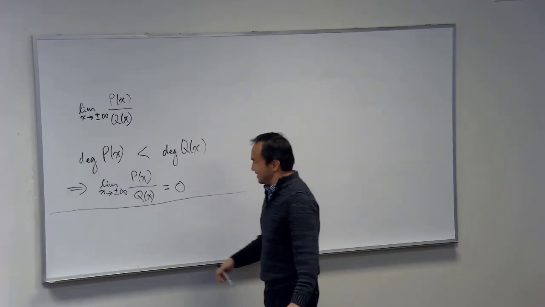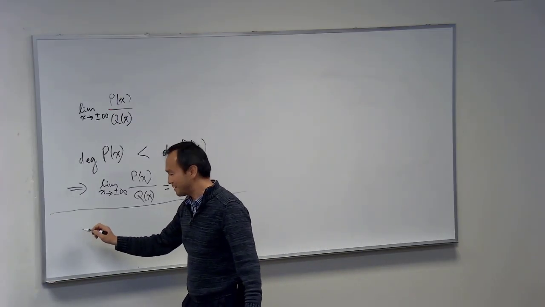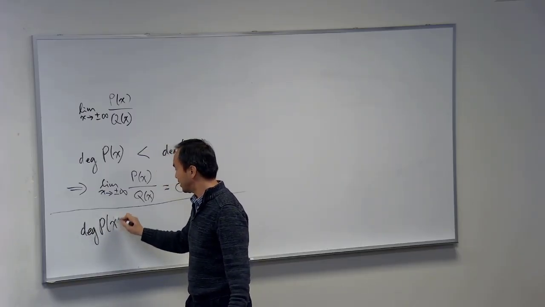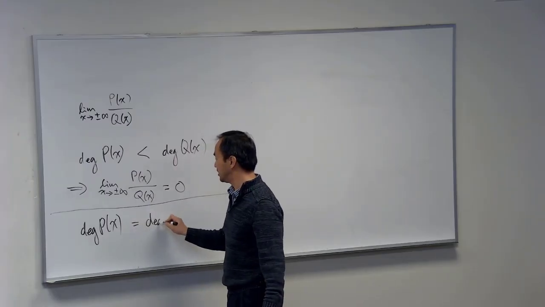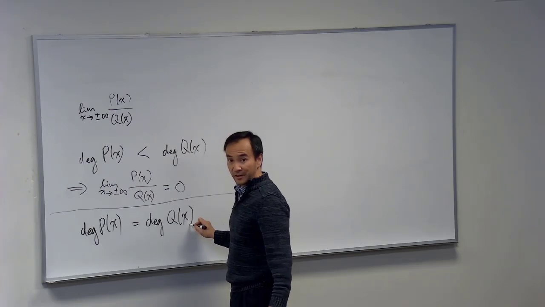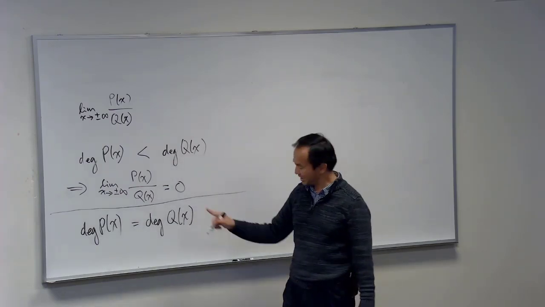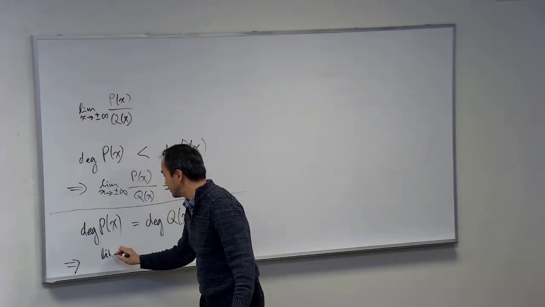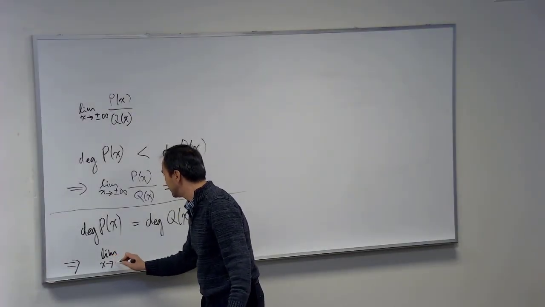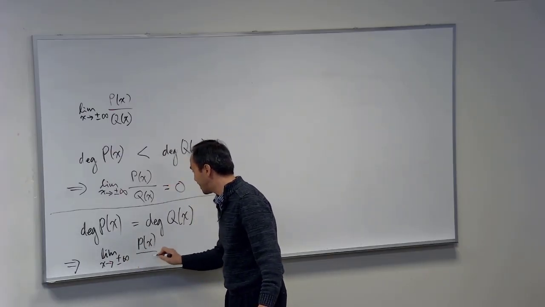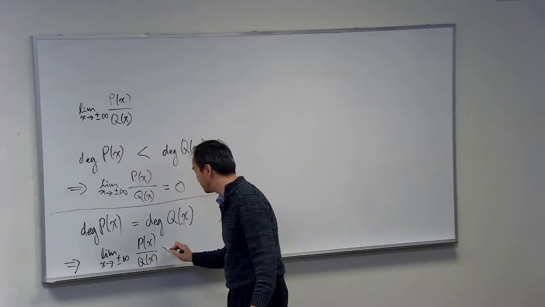The case that happened in part B of the example, the degree on top was equal to the degree of the denominator. Do you follow me with that? When it comes to that case, this limit will come out to a finite value.